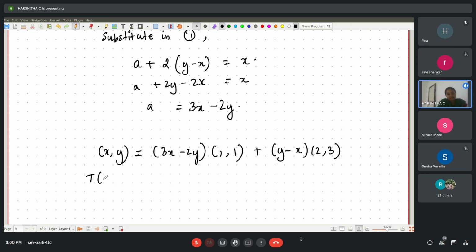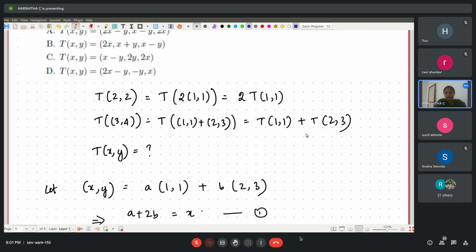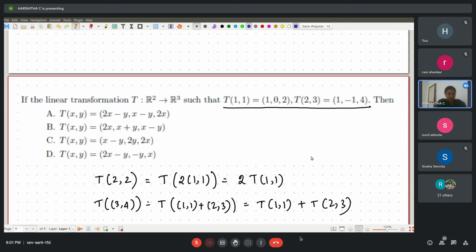So what is T of (x, y)? This will be (3x minus 2y) times T of (1, 1) plus (y minus x) times T of (2, 3). And these two values are something that we know: (1, 0, 2) and (1, -1, 4).